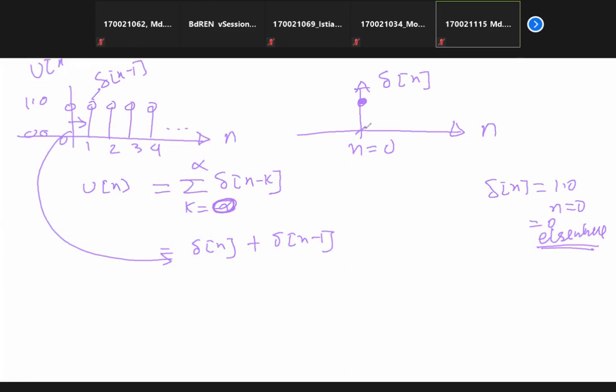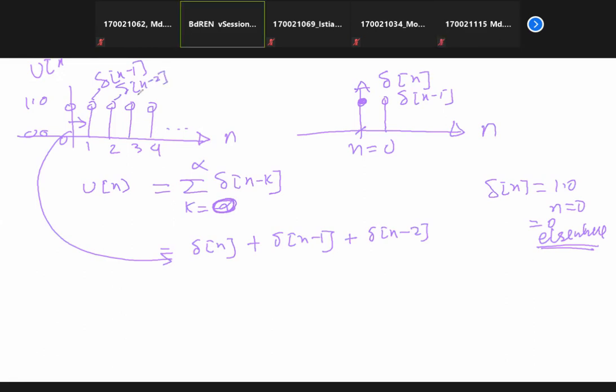If this is appearing at n equal to 1, if you shift it to the right by one sample, then it will be equal to delta n minus 1, isn't it? So if we want to take k equal to 2, then it would be delta n minus 2, isn't it?